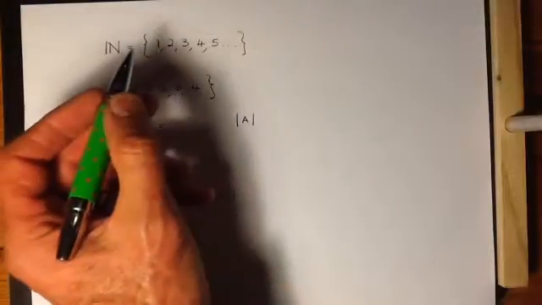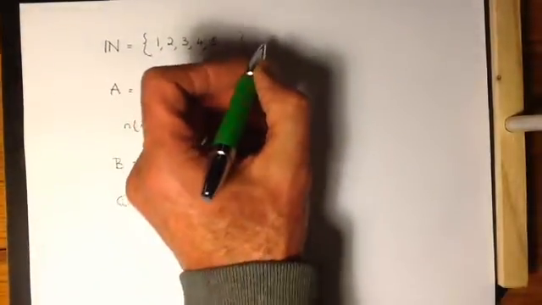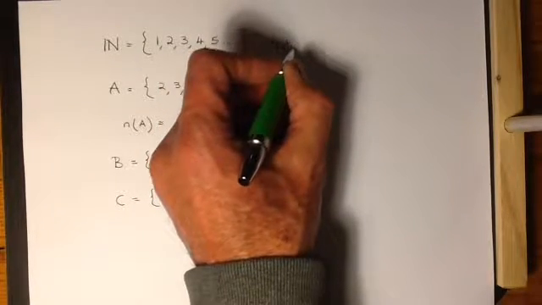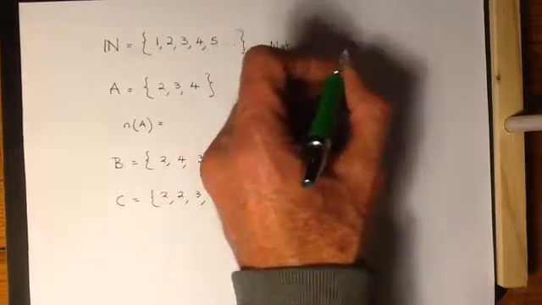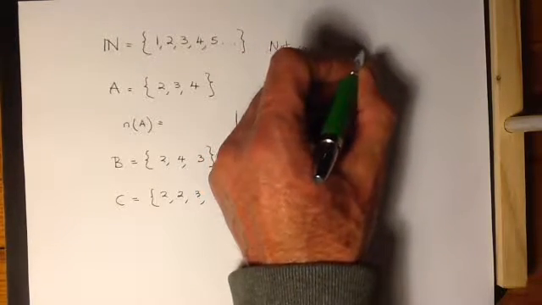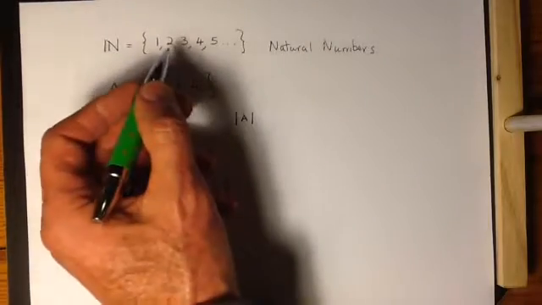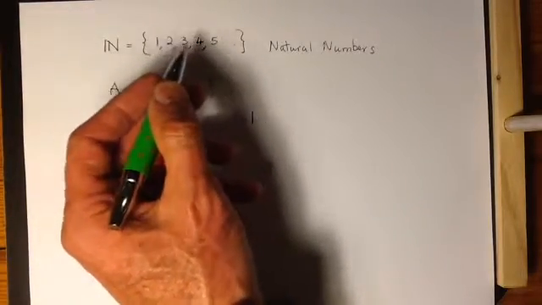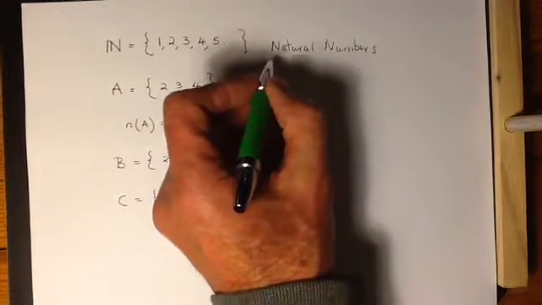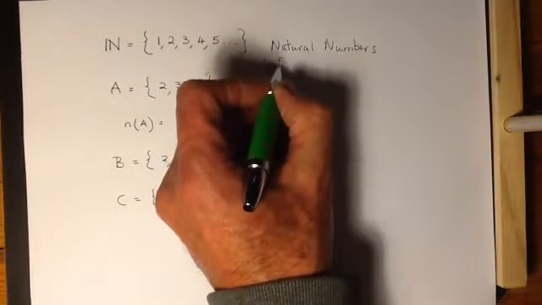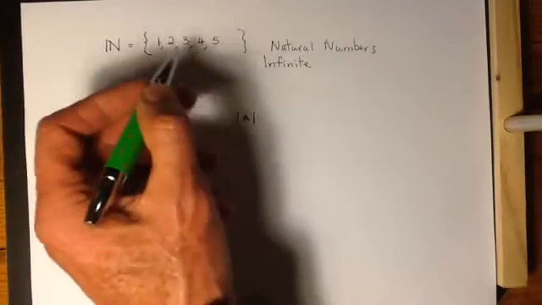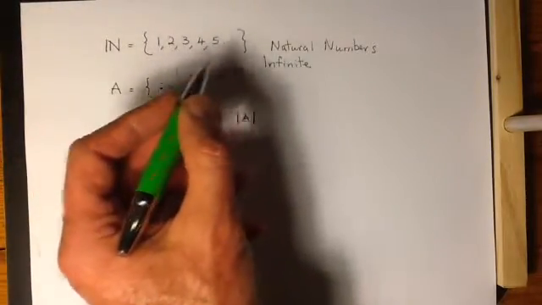We already discussed the natural numbers. So here is the natural numbers. Now, this is an example of an infinite set, because it carries on and on and on, it never stops.